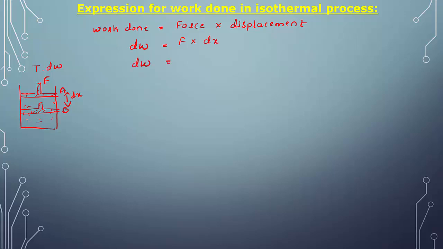So here instead of using force, I am going to use pressure. What is pressure? Pressure is force per unit area. So F equal to pressure into area. So in place of F, I am going to consider pressure into area into distance dx.